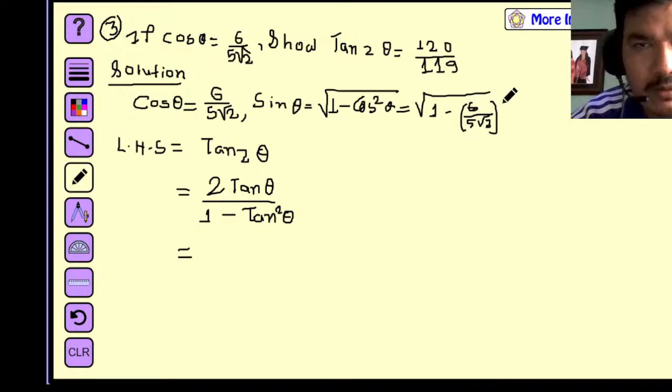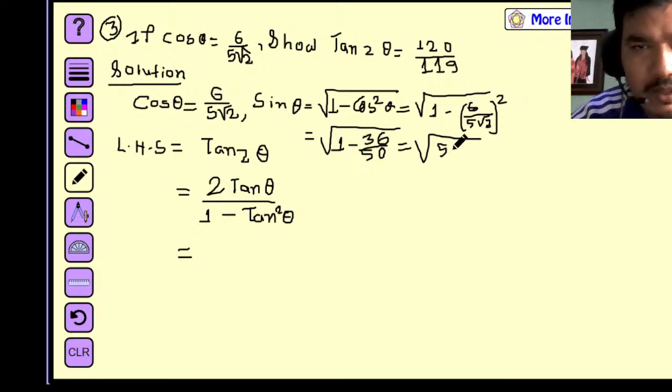When you simplify it, it will be 1 minus 36 upon, down there, 5 square is 25, and the square root cancels, 25 into 2, it will come 50.